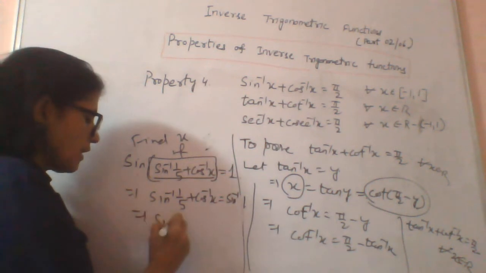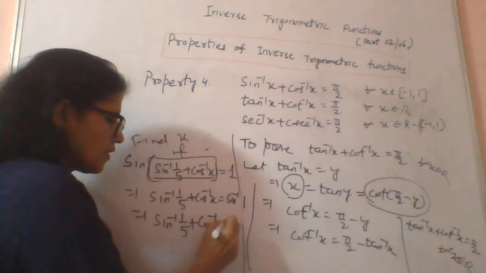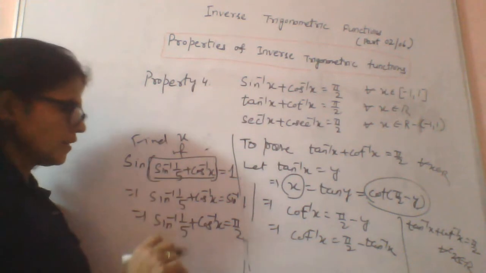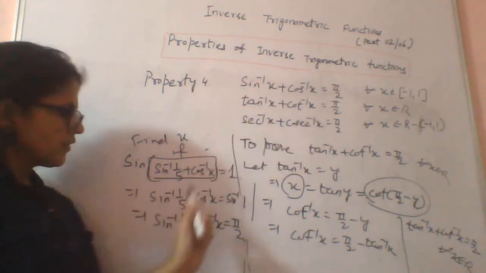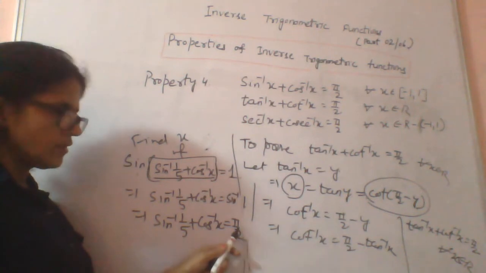So we have sine inverse 1 by 5 plus cos inverse x equal to pi by 2. Comparing this with the property sine inverse x plus cos inverse x equal to pi by 2, here sine inverse 1 by 5 plus cos inverse x equal to pi by 2.